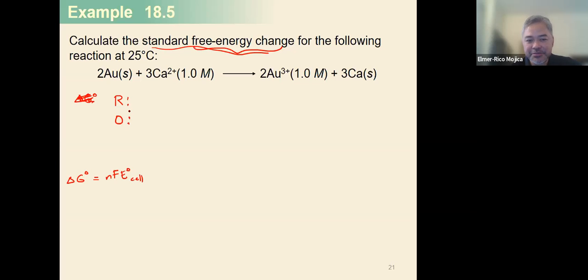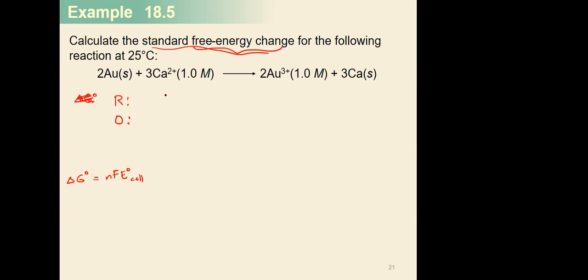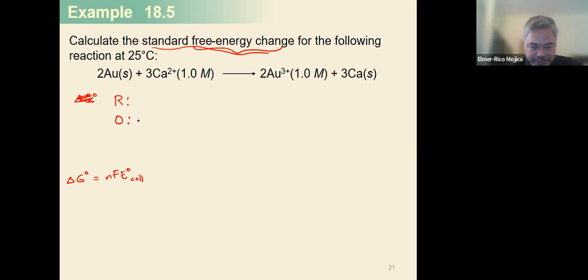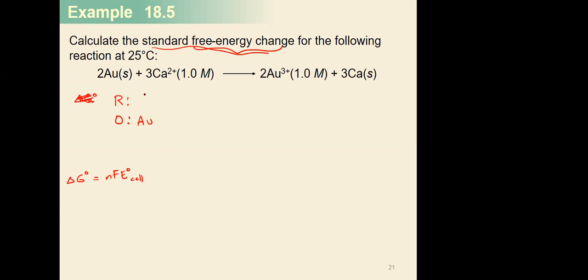Which one is reduced and which one is oxidized? Sabrina? Okay. So gold will be oxidized. Which one is oxidized? The gold? Gold, Au. Okay. And Ca will be reduced.